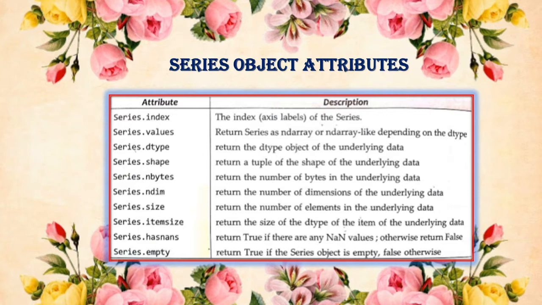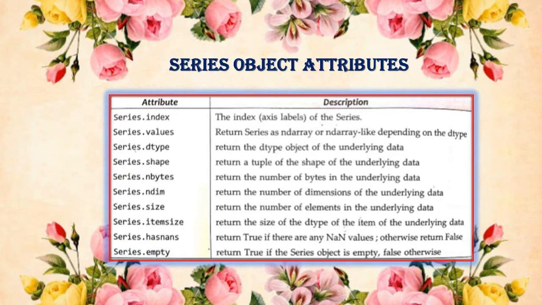Shape returns the shape of that data. nbytes means how many bytes are allocated for each data. ndim returns the number of dimensions. It is always one, because a series is a one-dimensional array. Size also displays the number of elements.